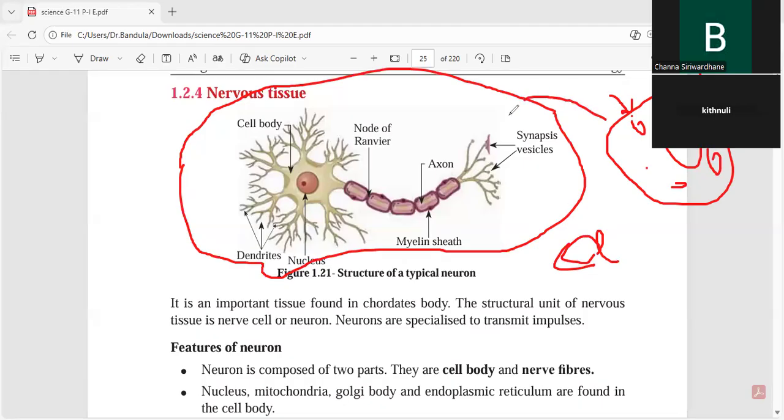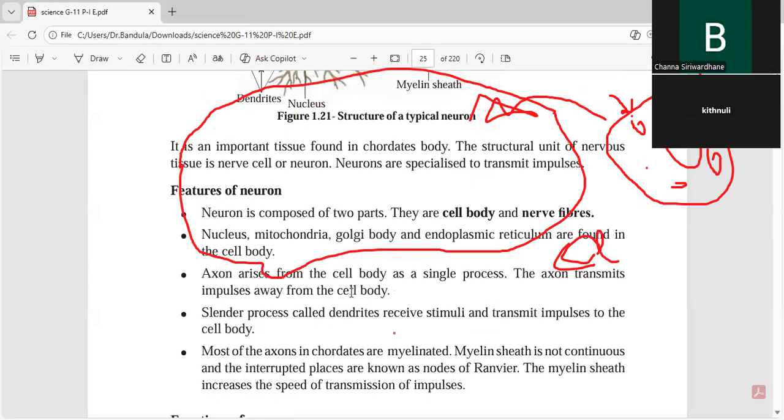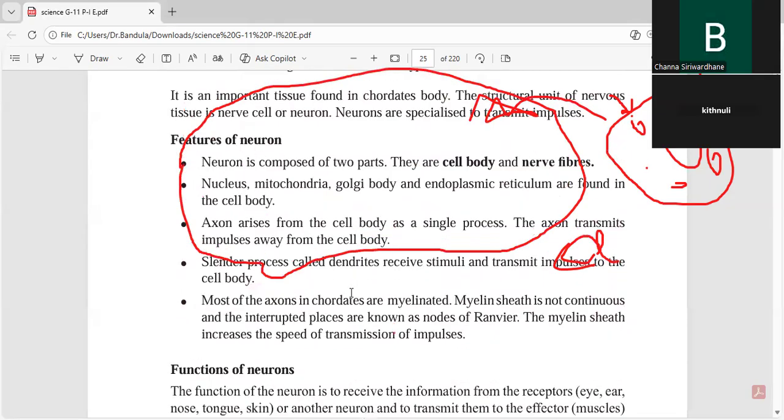But this neuron is also an animal cell, specialized to transmit impulses, right? Nerve cell is known as a neuron. This neuron is specialized to transmit impulses. Clear?